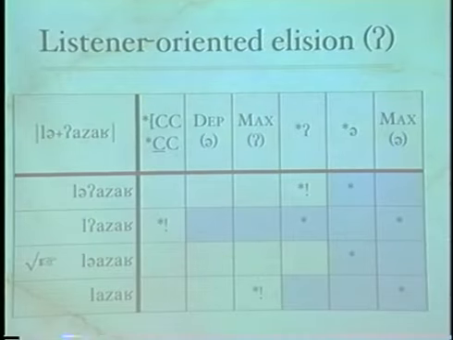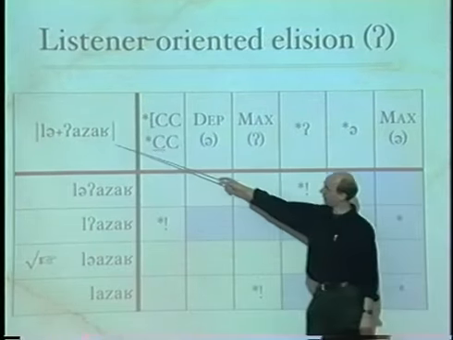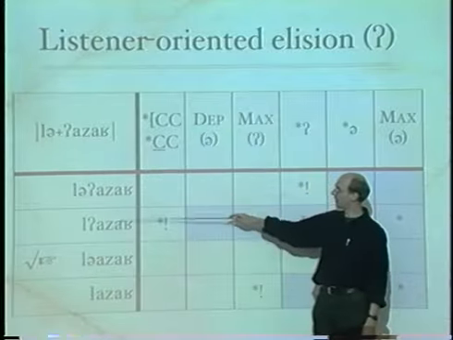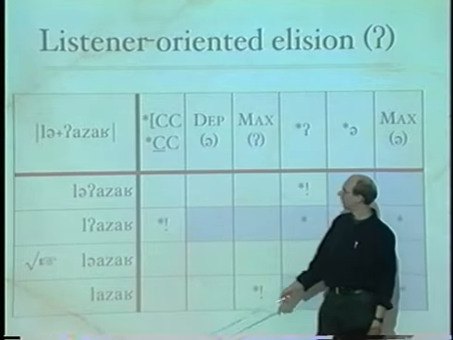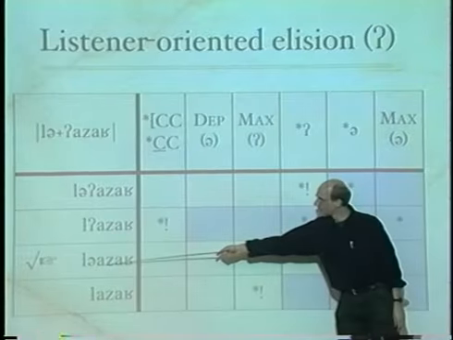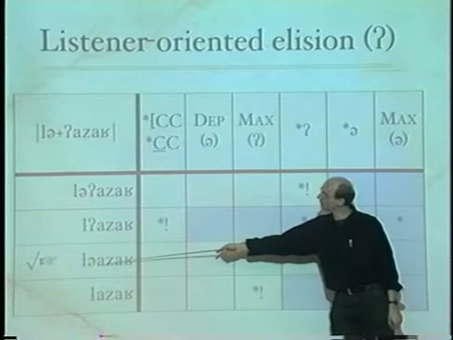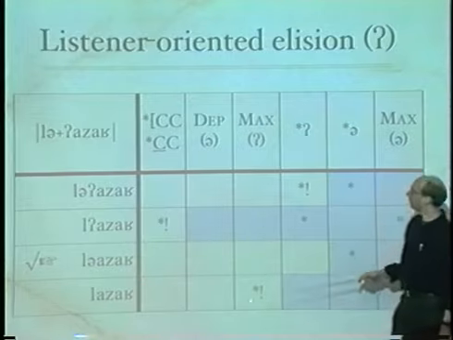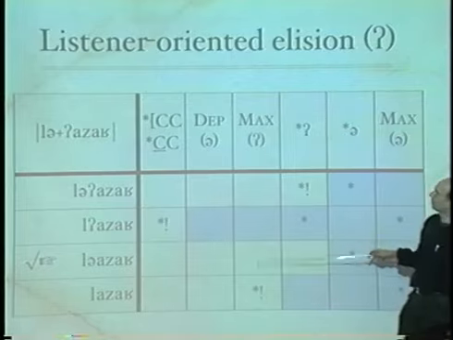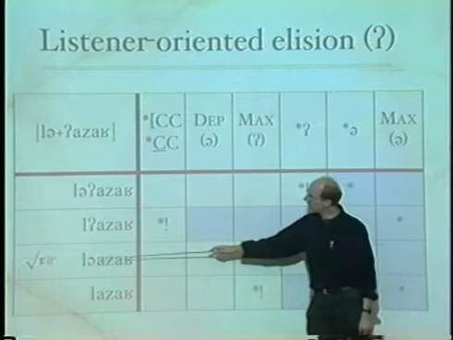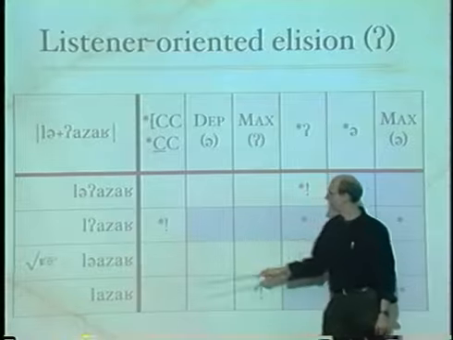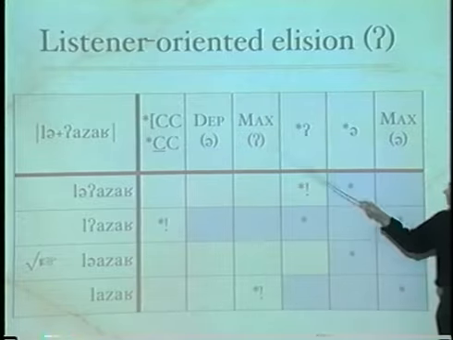So le hasard, underlying le hasard, the same 4 pronunciation candidates in this case. Well, le hasard, which is the correct form in French, used to violate max glottal stop, right? The underlying glottal stop doesn't surface. But the French will perceive a glottal stop there anyway. So it doesn't violate max glottal stop.